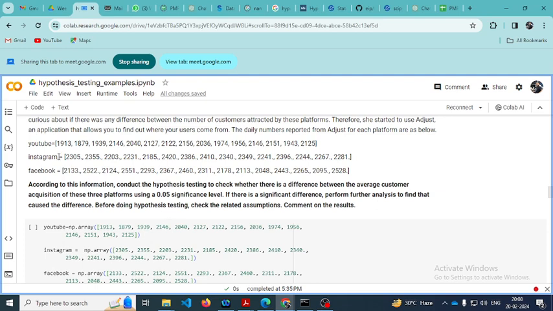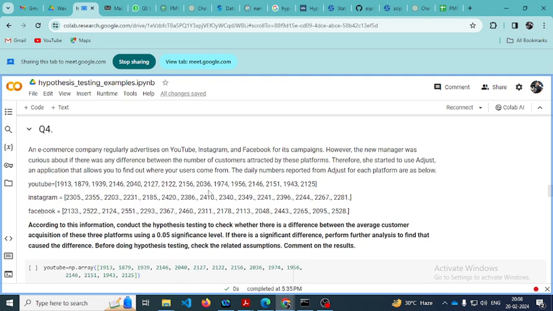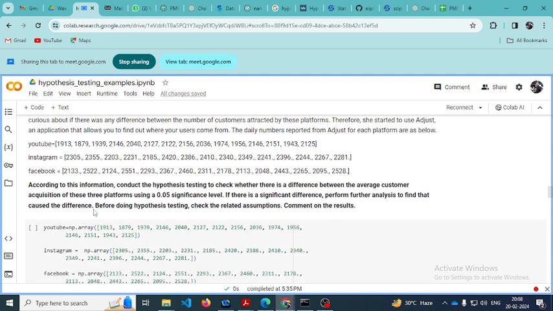You need to check how many customers are attracted from the YouTube advertisement, how many customers are attracted to the company by its Instagram advertisements, or if you are posting advertisements on Facebook. You need to analyze this data.